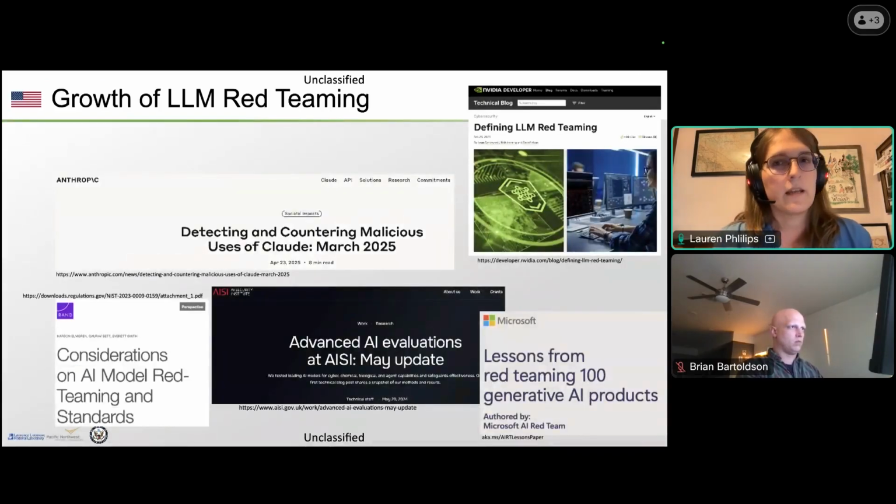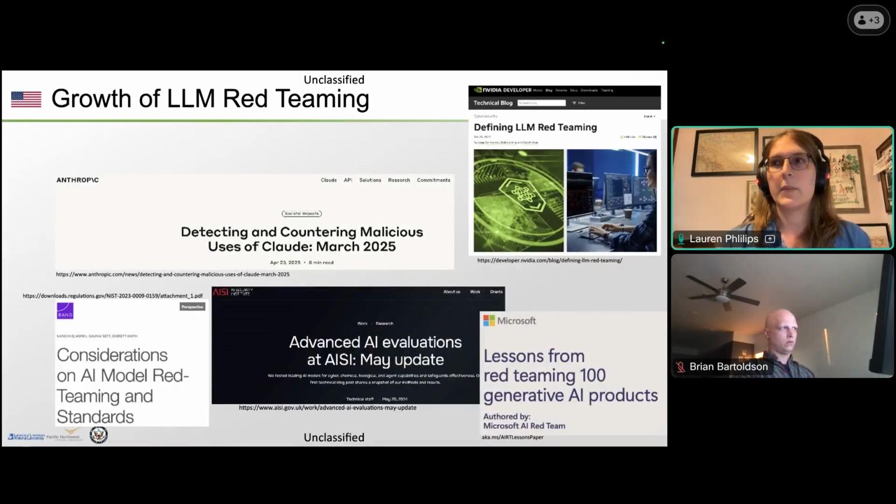This is an approach that is becoming extremely frequently used. So this is just a small set of different companies that are conducting red teams. And I think the growth that we have seen in LLM red teaming is really a reflection of the fact that things are changing very rapidly.